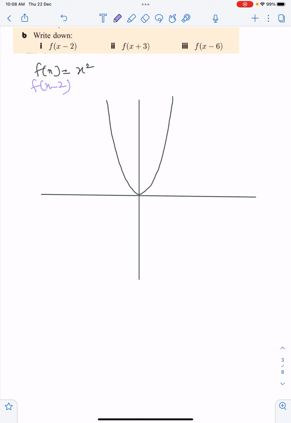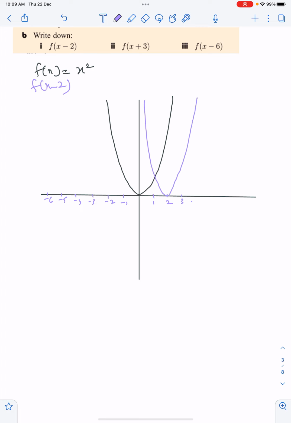So this is the point 1, this is 1, this is 2 on the x axis, this is negative 1, negative 2. Likewise, I am just drawing it till here. The whole graph is going to move 2 units to the right. That means it's going to be somewhat like this now.